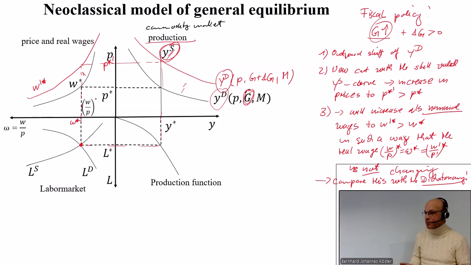Since prices are flexible, well, I can just absorb this additional income in the economy via an adjustment of prices. So in a Keynesian view, it would be a good idea because we can really push the economy via fiscal policy, while in this neoclassical view, we would say, well, the only thing that will happen is inflation.